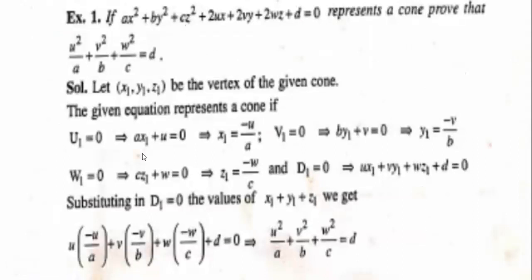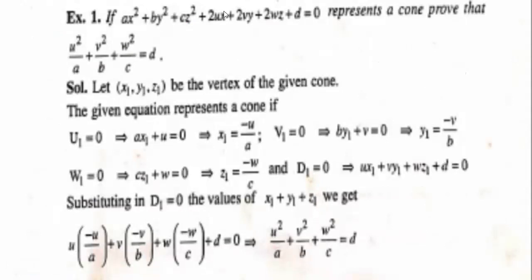Now consider this particular equation. If ax square plus by square plus cz square plus 2ux plus 2vy plus 2wz plus d equal to 0 represents a cone, prove that u square by a plus v square by b plus w square by c equal to d. So what is given here?